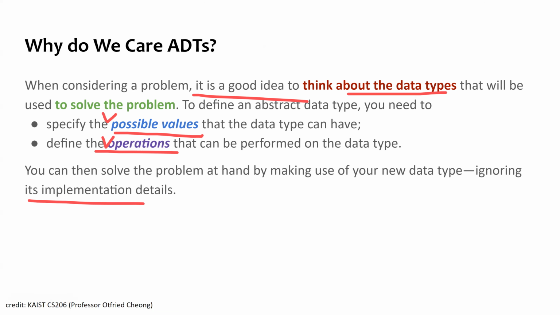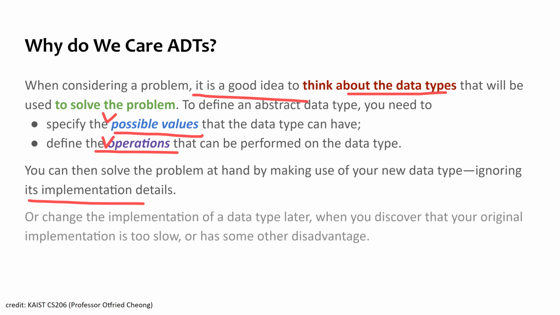And this is good for cooperation. One person defines ADT and solves bigger problem, and the other person implements the ADT specified by the other guy. And you can sometimes change the implementation of a data type later, depending on the situation. And when you discover that your original implementation is too slow or has some other disadvantages, then you can change the implementation.